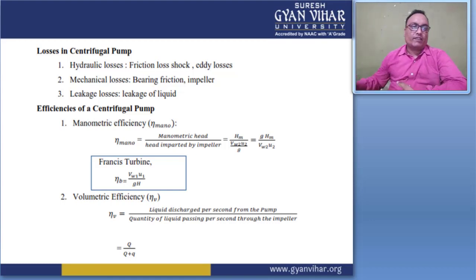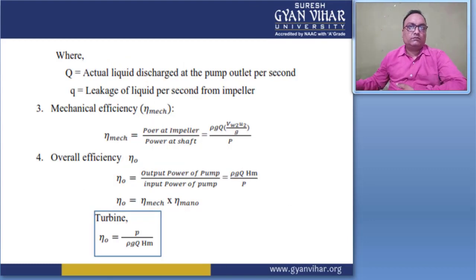So this is the neta V case. Here Q is the actual liquid discharge at the pump outlet per second, and q is the leakage of the liquid per second from the impeller.